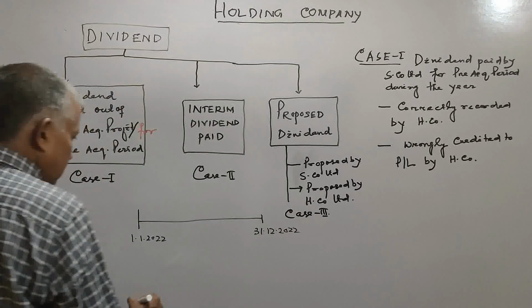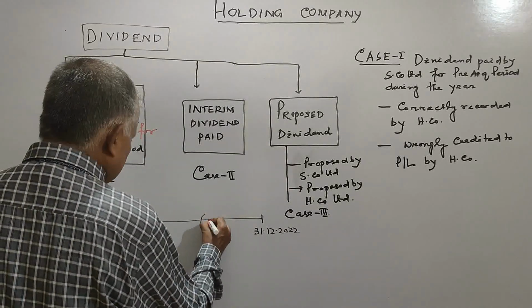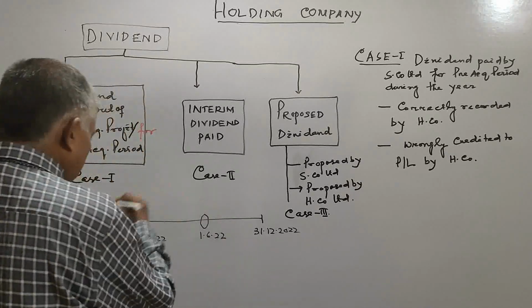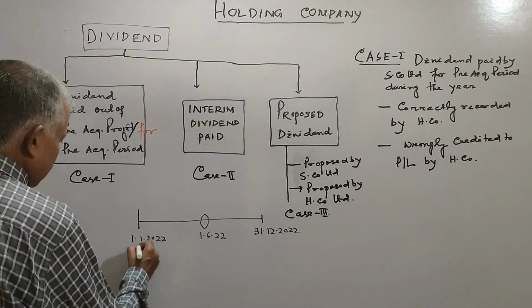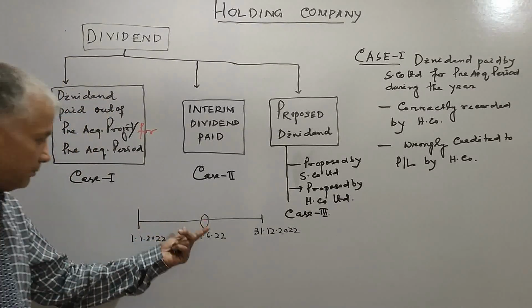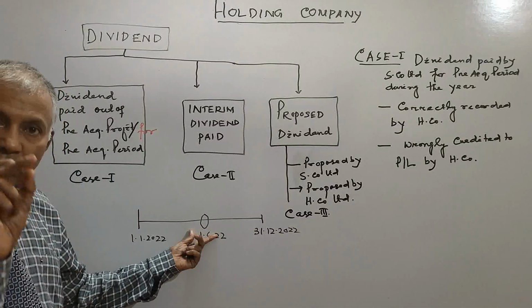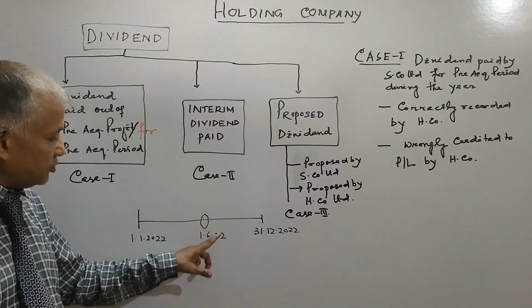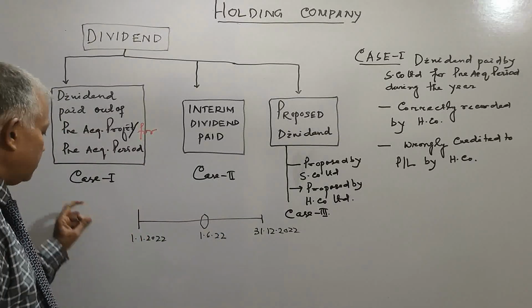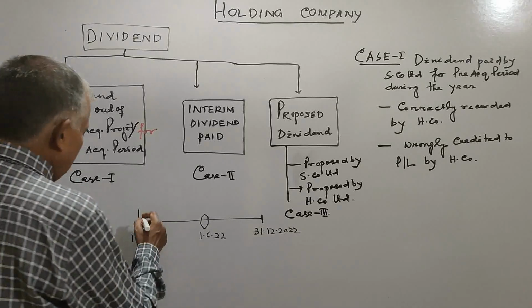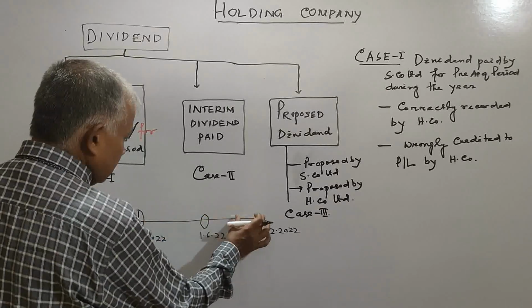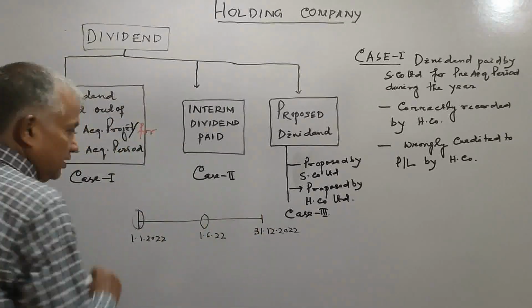The company paid dividend on 1/6/2022 for the year 2021. Date of acquisition may be here, it may be somewhere here, anywhere.